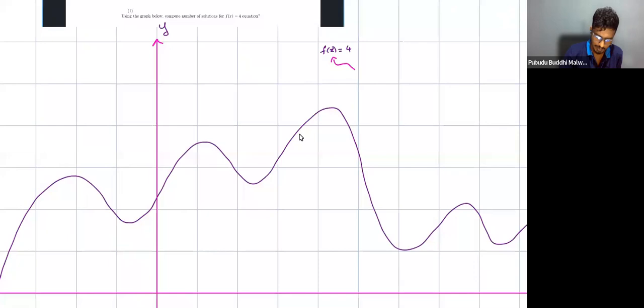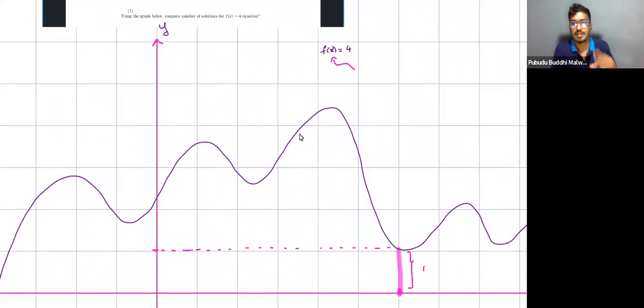Here, for example, if I pick a point like this, for this x value the function value is this height, I think 1 point something. Similarly, there will be a point or points which give us height 4. We need those x values.